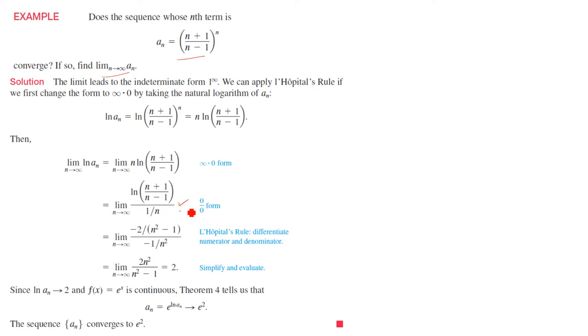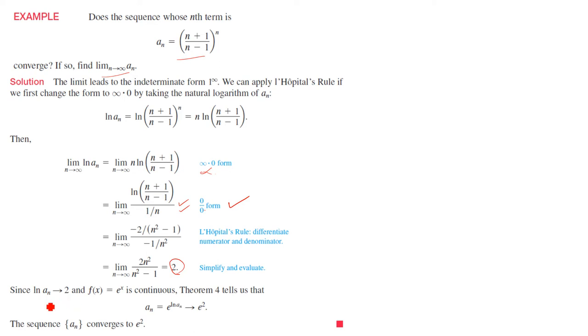This manipulation is done to convert the infinity times 0 form to 0 by 0 form. So now this is in 0 by 0 form. We can use L'Hopital's rule to find the limit of this function, and by using L'Hopital's rule we find the limiting value of this sequence is equal to 2.